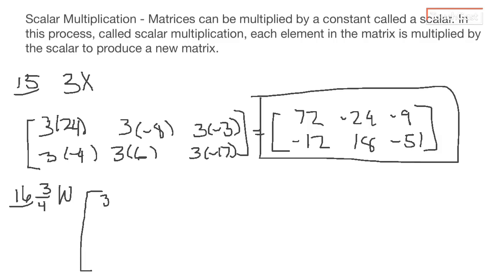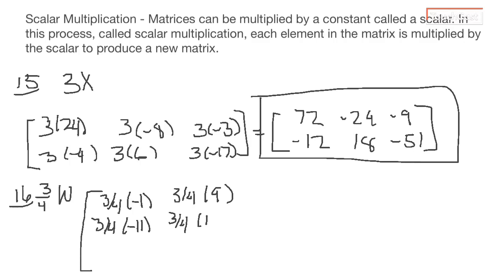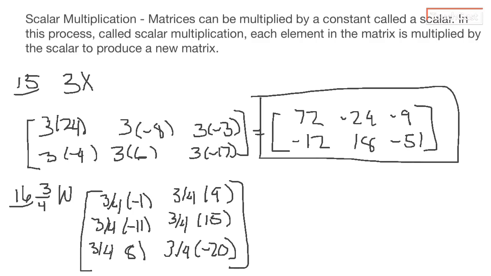We're going to go 3/4 times negative 1, 3/4 times 9, 3/4 times negative 11, 3/4 times 15, 3/4 times 8, and 3/4 times negative 20. We're going to get the resulting matrix from this multiplication.